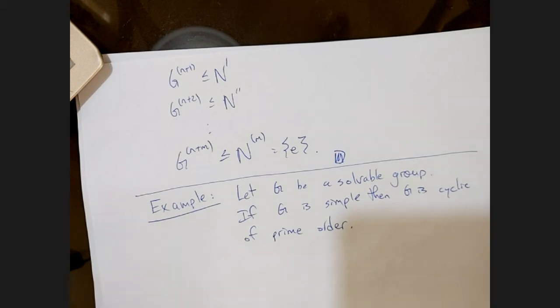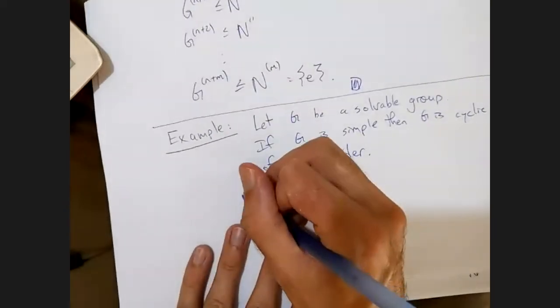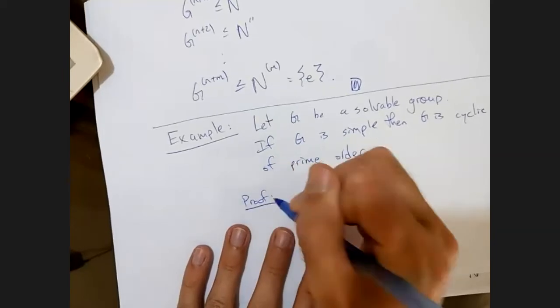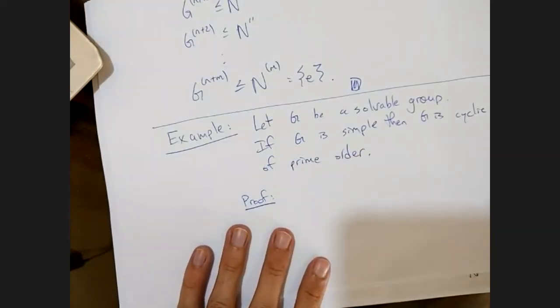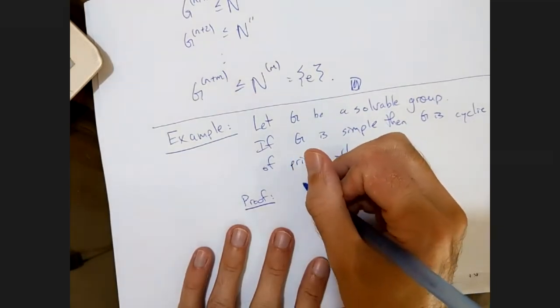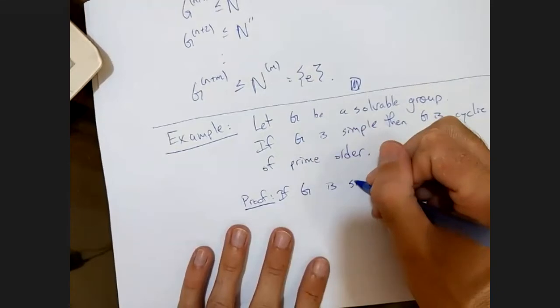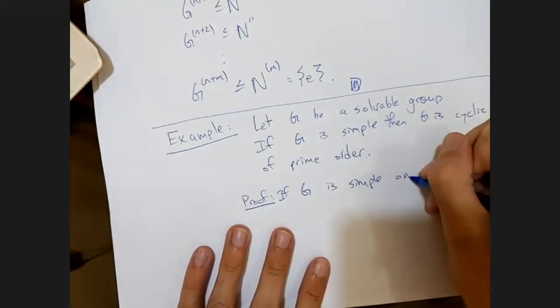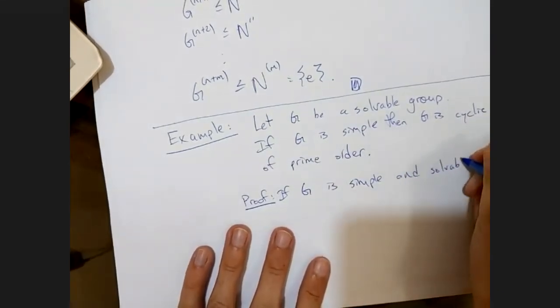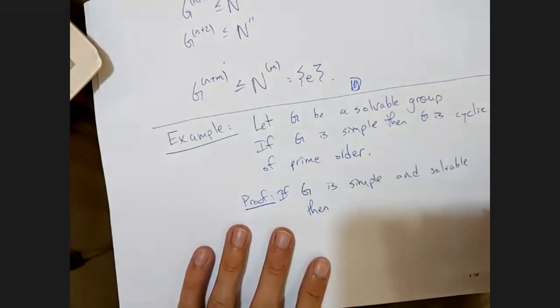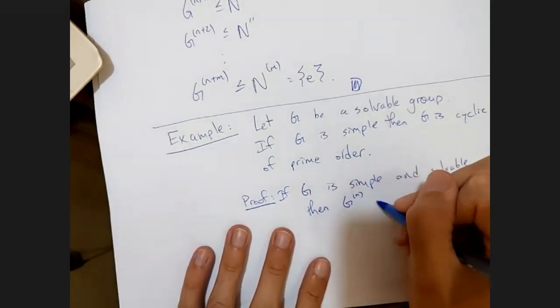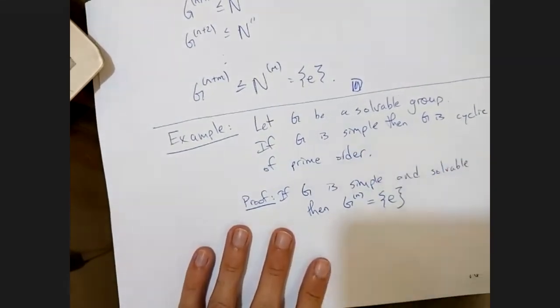So if G is simple and non-abelian, it cannot be solvable. Proof. Well, if G is both simple and solvable, then G to the n is trivial.